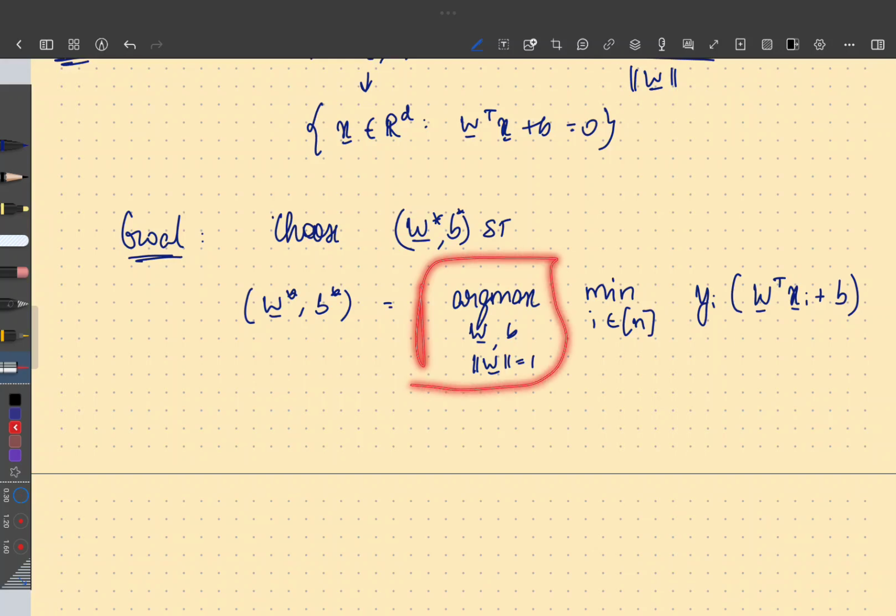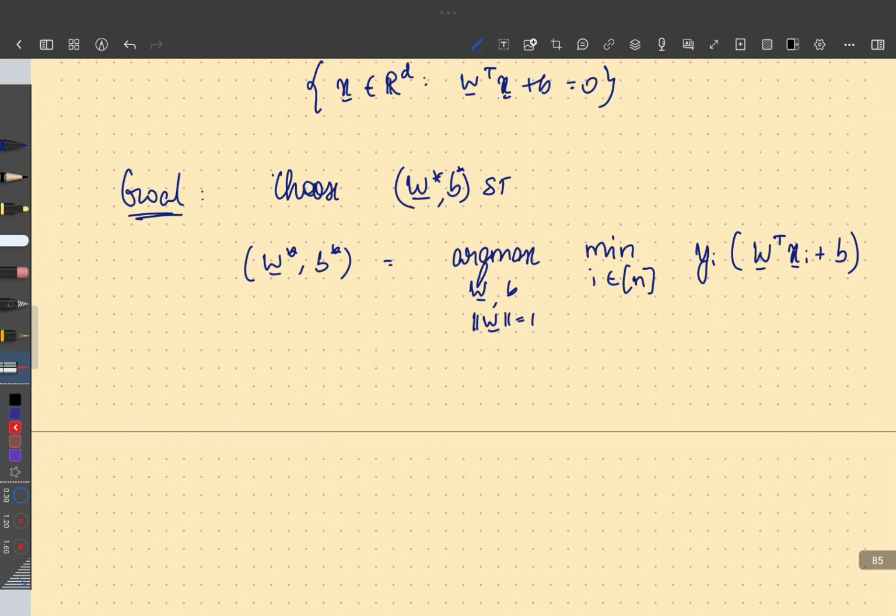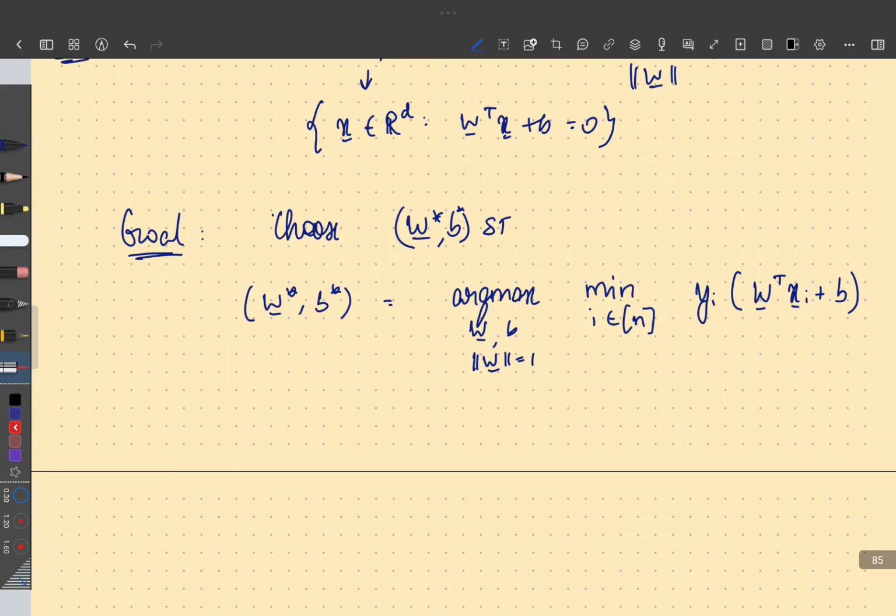So obviously any hyperplane that misclassifies even one point is not going to be the maximizer, right? Because you may as well take W equal to 0, b equal to 0, that's going to be better. So here we assume the data to be linearly separable.